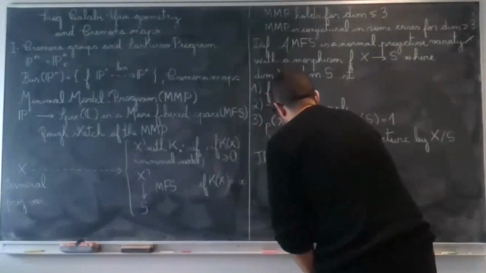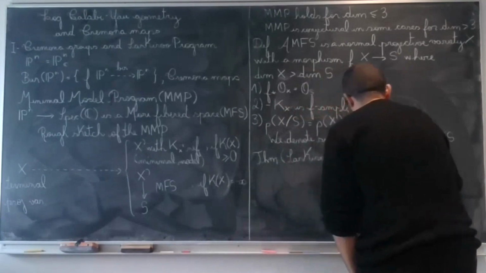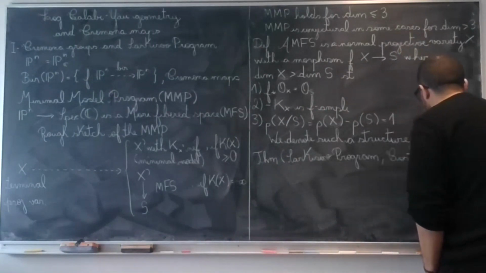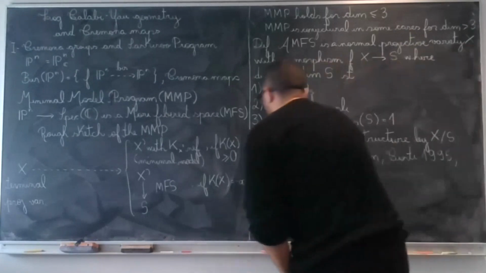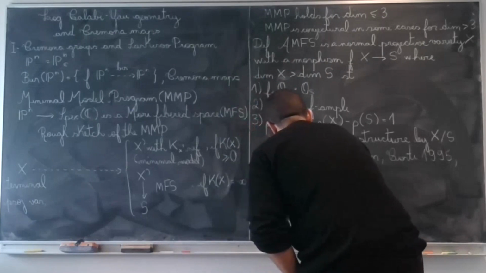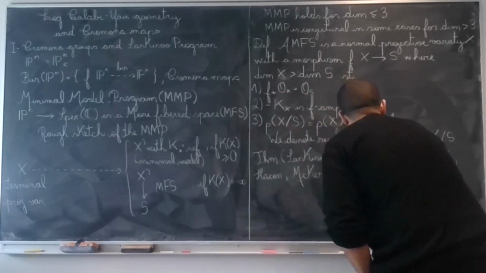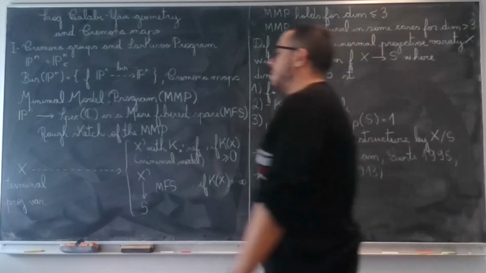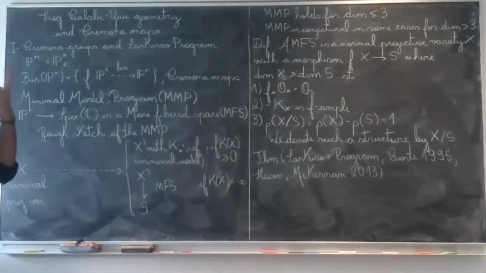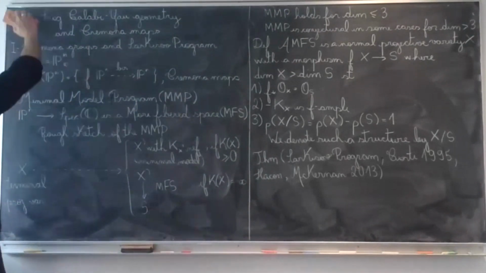So the Sarkisov Program was a result proved by Corti in 1999 in dimension 3, and by Hacon and McKernan in higher dimension in 2013, and it says that any birational map between Mori fiber spaces is a composition of simpler birational maps called Sarkisov links.